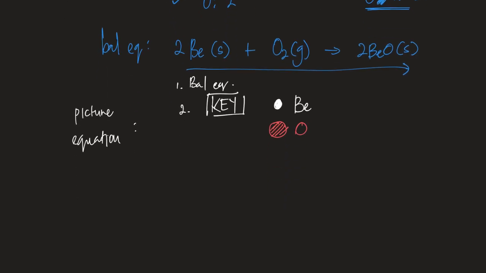Now I need to draw my picture. So it's 2Be, so it starts with one Be and then another Be, plus an oxygen molecule. And I know that oxygen molecules come in pairs, and that gives me my oxygen molecule. If I add those two things together, I'm going to get 2BeO.